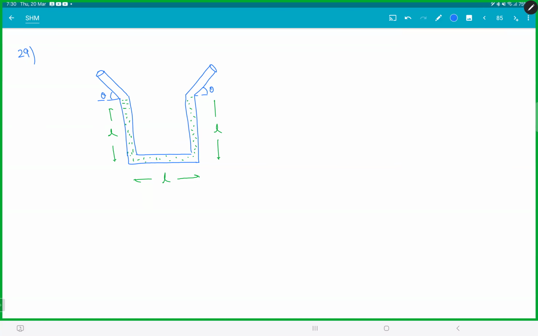The liquid will oscillate left and right. Find the time period for oscillations. The liquid is displaced by small x on one side and released. Find time period. If I make theta equal to 90, that would be a U shape. That's a standard question.